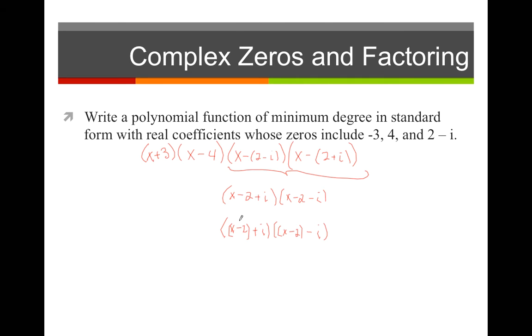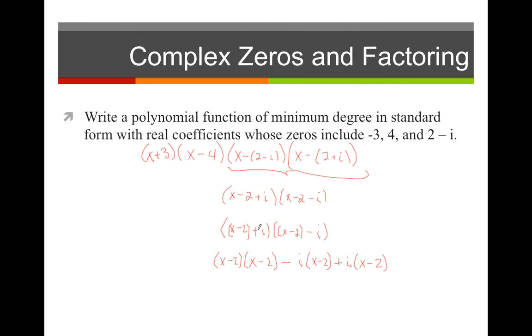which means when I FOIL, I get x minus 2 times x minus 2, that's my first and my first, minus, my outers is minus i times x minus 2. I have a plus i times x minus 2.